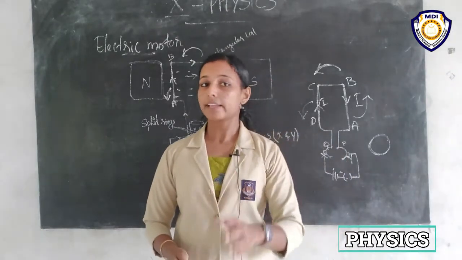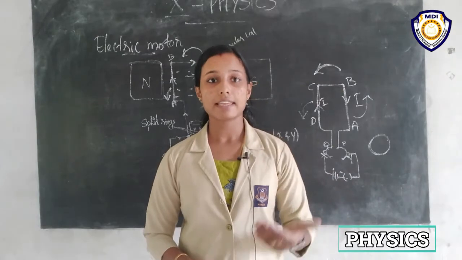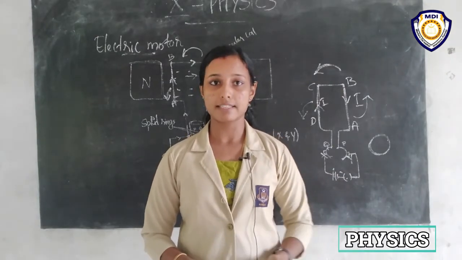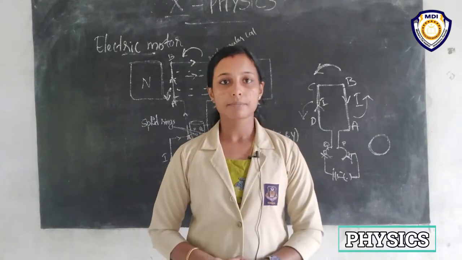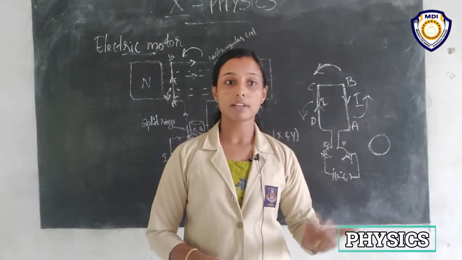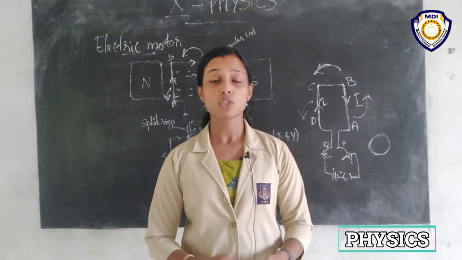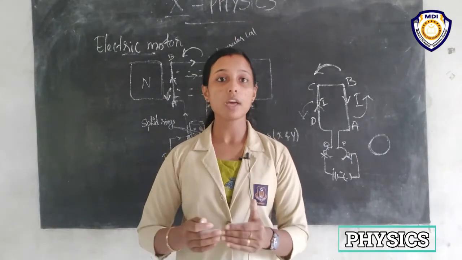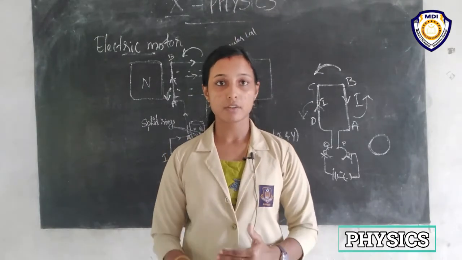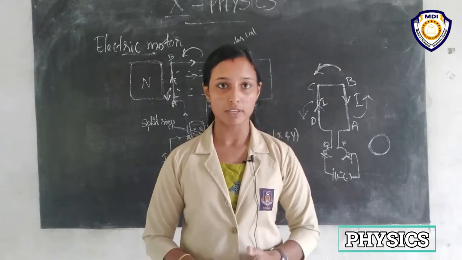I think you can write the answers easily, since we have discussed all these things in this class, and Fleming's left hand rule in previous classes. You should write the answers and submit your notes in the coming days as homework.